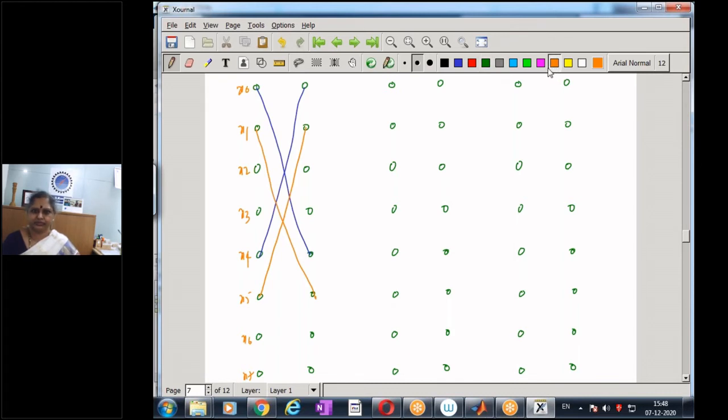Next, x2 with x6. So that's how we have this computation. And then we have x3 with x7.